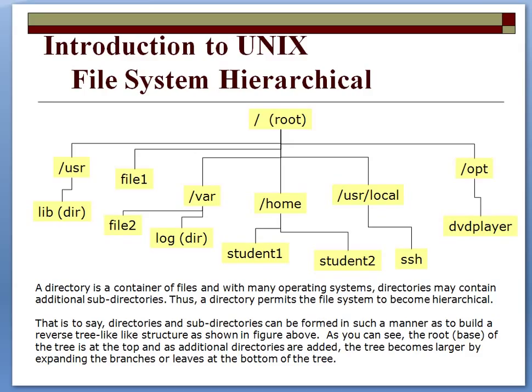This segments the disk in such a way that there's not a whole lot of defragmentation that needs to be done. It's more efficient, and there's less disk maintenance that needs to be done compared to Windows systems.